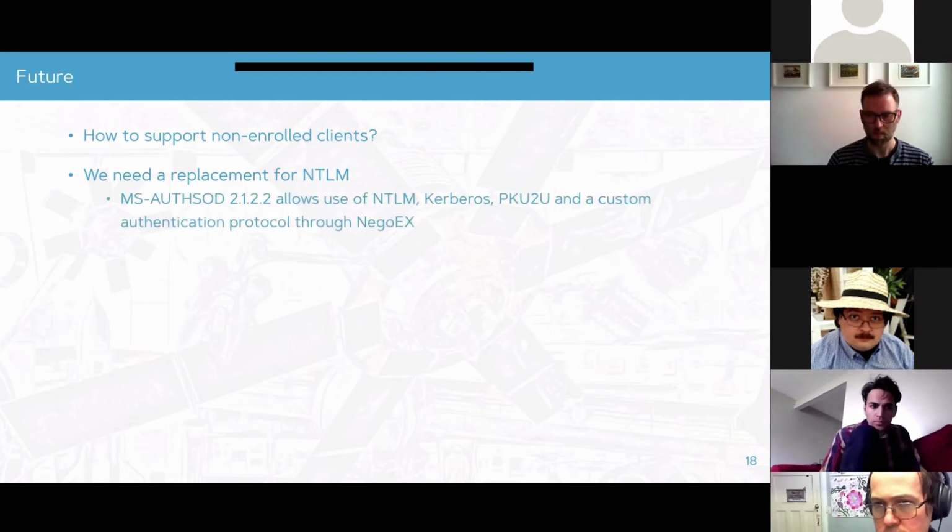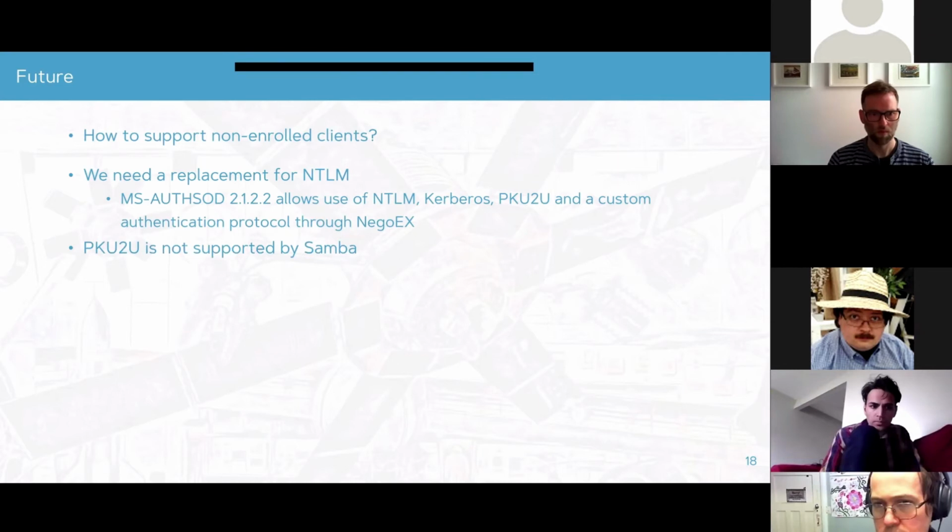We see that authentication in Active Directory allows using about four different approaches, right? So NTLM directly, Kerberos, PKU2U, and through SPNEGO, you can use the NegoEx extension to create a custom authentication protocol. And we don't really have support for PKU2U in Samba.